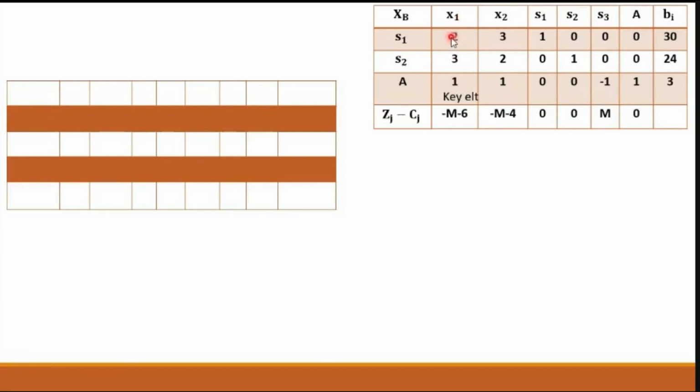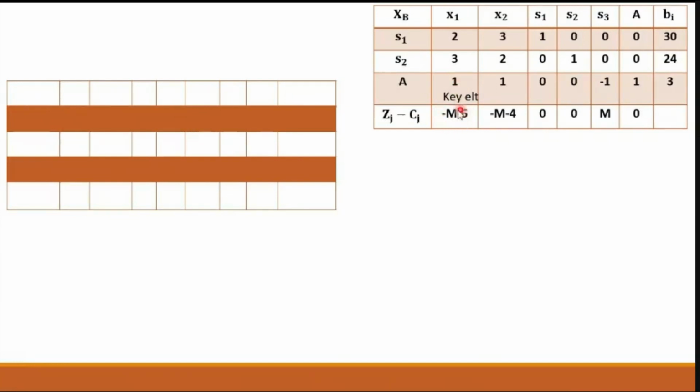So I will write R1 minus 2R3. Okay, 2 minus 2, so 2 is in R1 and 1 is in R3. So R1 minus 2R3, that is the first transformation. If I have to make this 0, then I have to multiply this by 3 and subtract. So I will get R2 minus 3R3, yes.